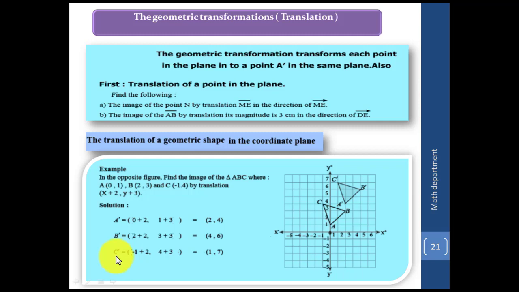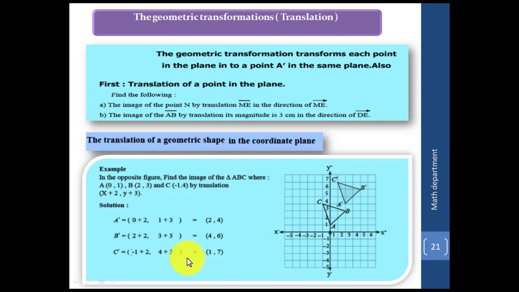The image of point C will be C dash. How can we find it? Add the point of x-axis by the magnitude in x, negative 1 plus 2, and the point in y-axis by the magnitude of y, 4 plus 3. Negative 1 plus 2 equals 1, 4 plus 3 equals 7.